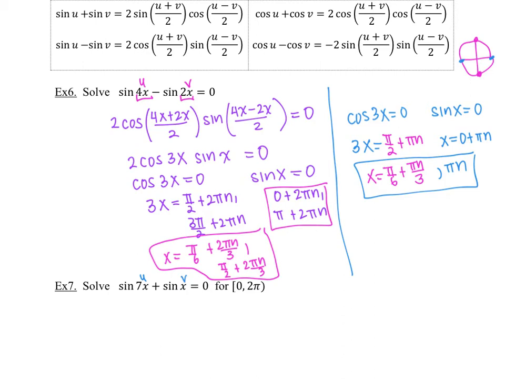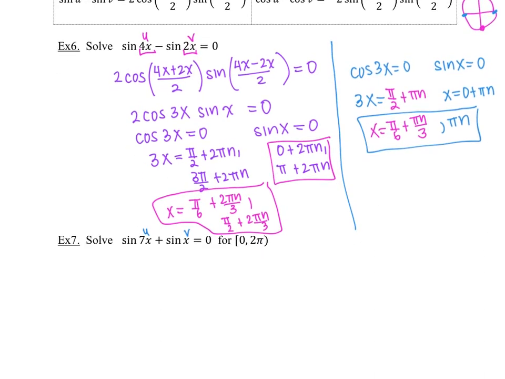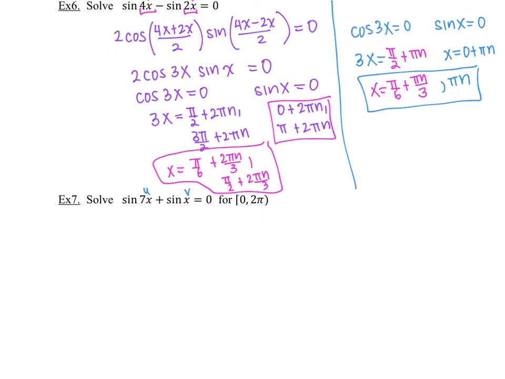So if I do the first formula, I'm going to move it up though because I'm out of room. The formula says 2 times the sine of u plus v over 2 times the cosine of u minus v over 2 equals 0.